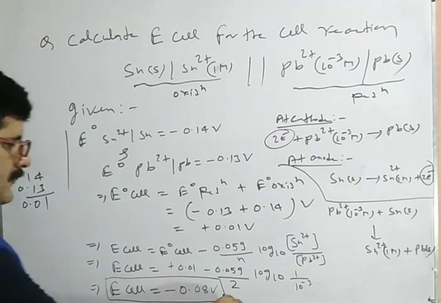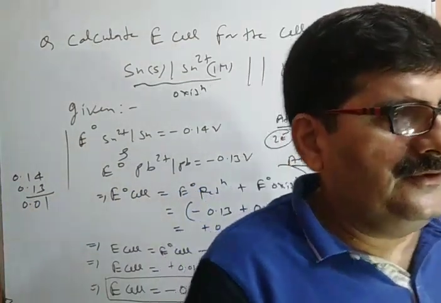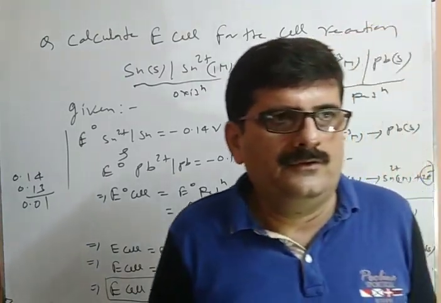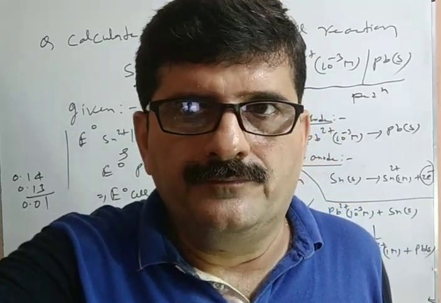The negative sign indicates that our cell reaction is not feasible, that is, it moves in the backward direction. Our next heading is concentration cell. Concentration cells mean the same couple oxidizes and reduces both, but the concentration of the electrolyte is different.